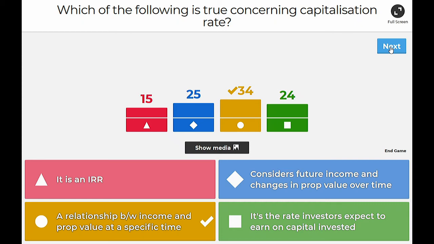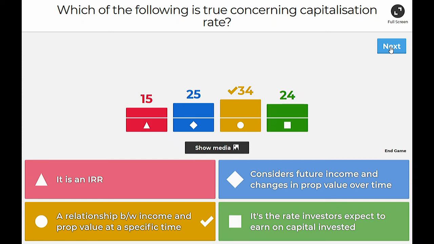All right. So what is the cap rate? Cap rate is a ratio between net operating income and the value of the property. So we can eliminate that it's not an IRR. IRR looks at all of the cash flows and calculates a single rate. Cap rate does not consider future income and changes in property values.